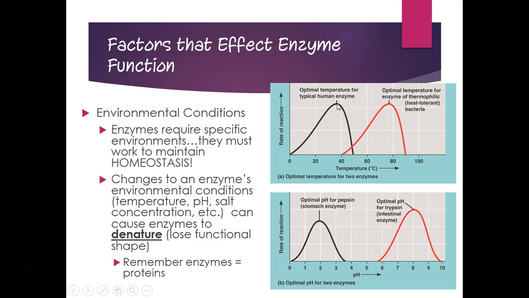So let's assume that at that optimum for this particular human enzyme, so we're talking about body temperature, about 38 degrees Celsius, that enzyme is able to break down 100. So if I'm at 100 molecules of sucrose here at its optimum, as I get lower and lower in temperature, maybe I get further and further down here, maybe it's 50, right?